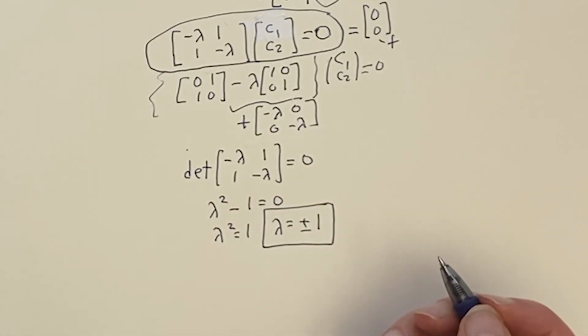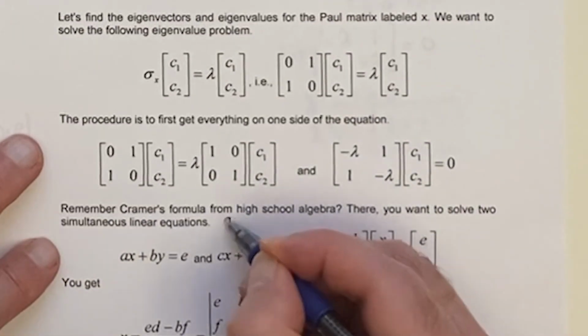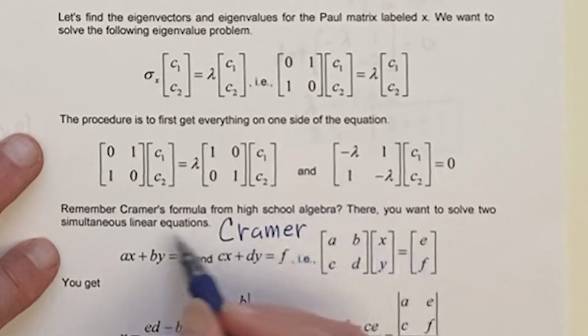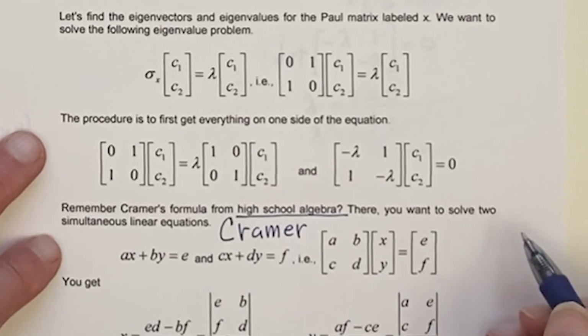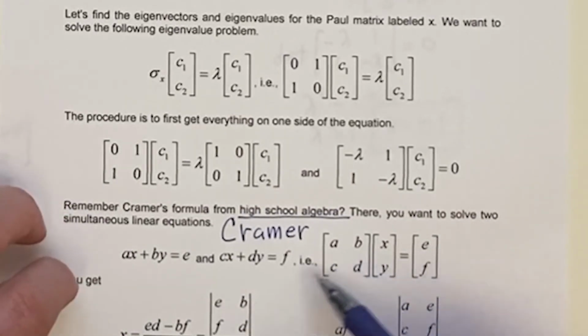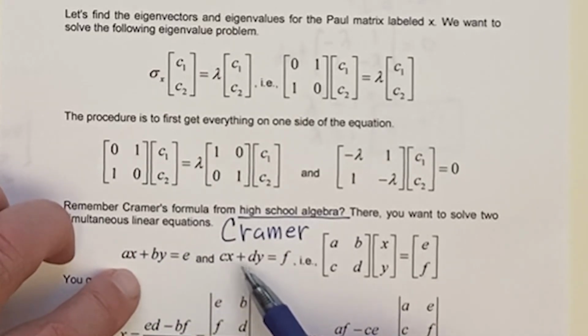Very, very interesting mathematics. So go back and do study Cramer's formula from high school algebra. That's where they usually would introduce that. It basically solves two equations with two unknowns, ax plus by equals e, cx plus dy equals f.